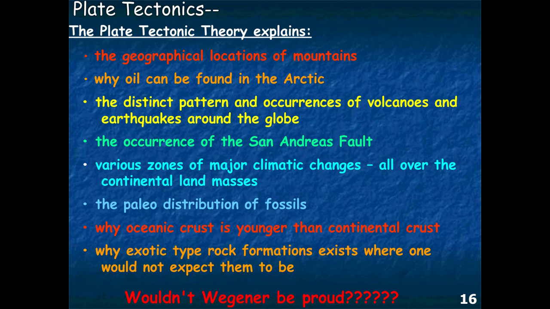We mentioned earlier about the distinct pattern and occurrences of volcanoes and earthquakes around the globe. And yes, plate tectonics explains that because we find that most volcanic activity and earthquake activity occur along plate boundaries. And then we'll take a look at this one, the occurrence of the San Andreas Fault. And we know now that plate tectonics is directly responsible for the transform boundary that produced the San Andreas Fault.